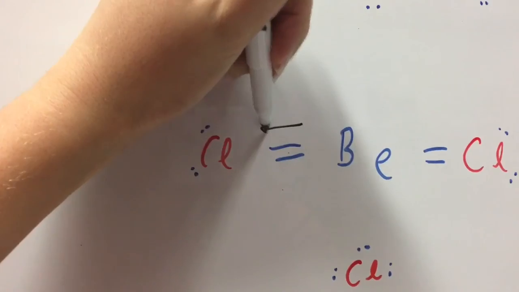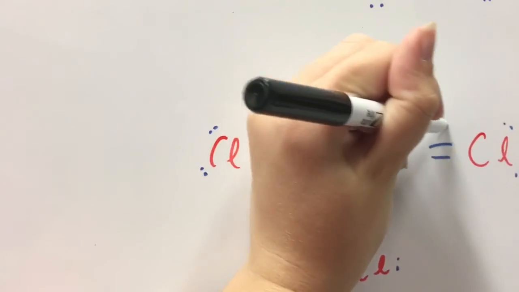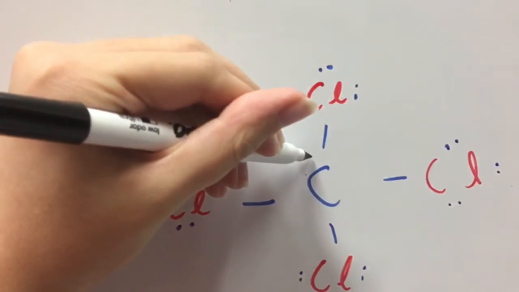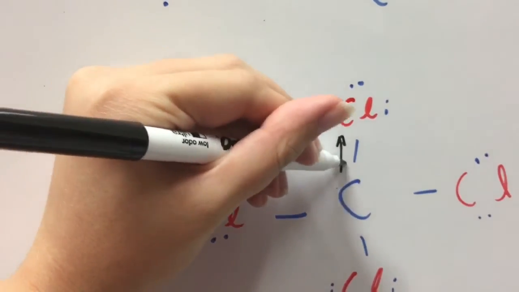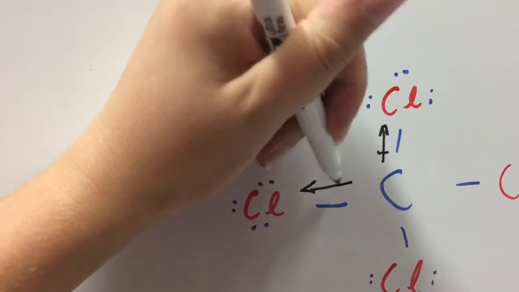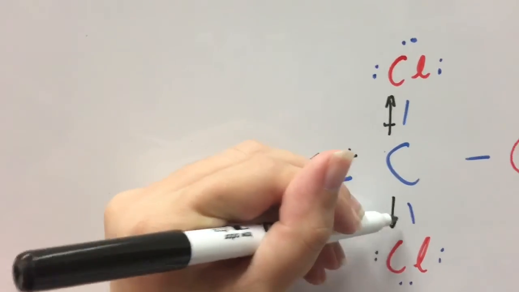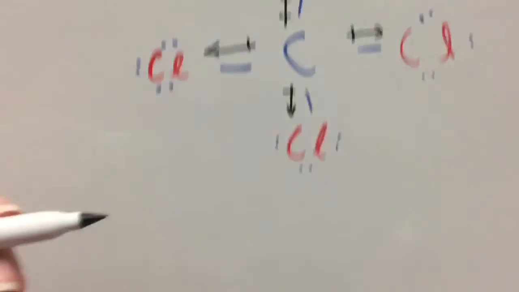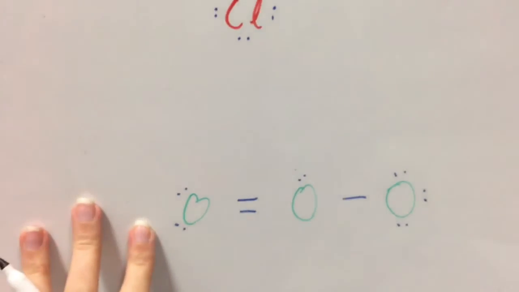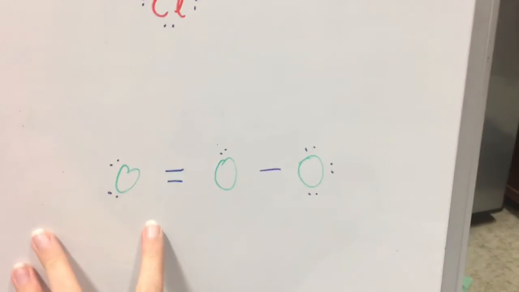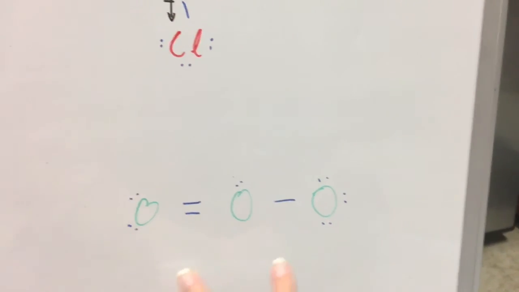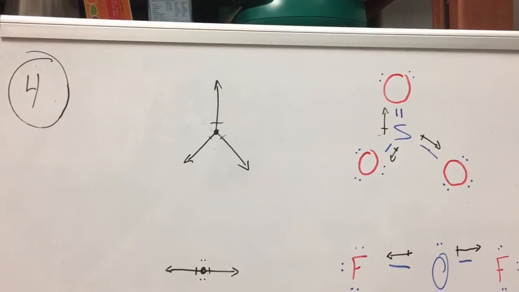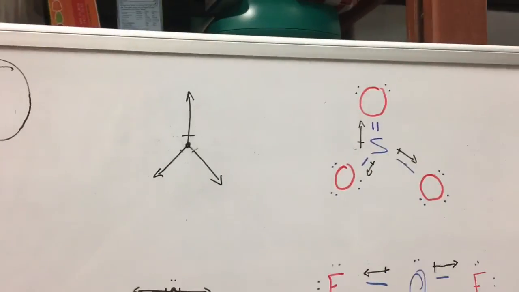Going again. And last one. Okay, so this one, because we had no partial charges because they were all equal, it has no dipoles. So figuring out if something is polar or nonpolar is to figure out the net dipole.